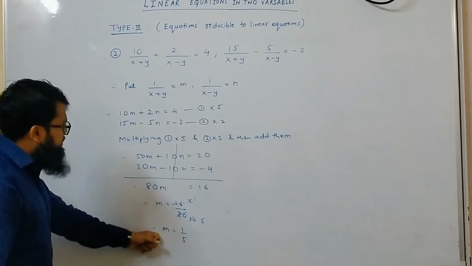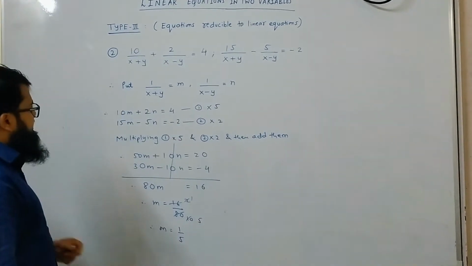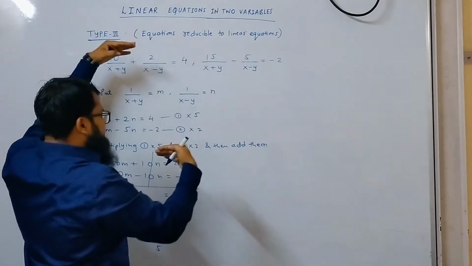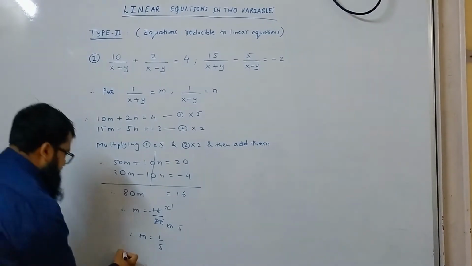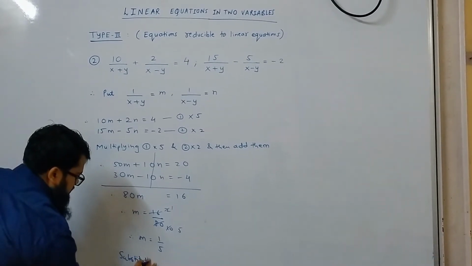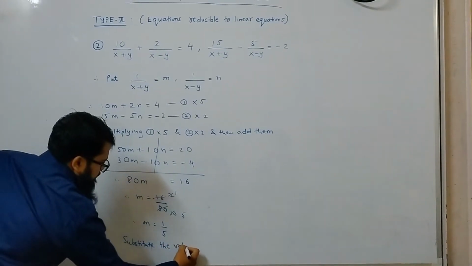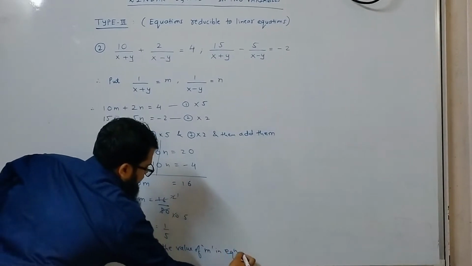Now let's substitute m in any of those two equations to get n, and then substituting m and n in these equations to get x plus y and x minus y, and then we will solve them again linearly and we will get the answer. Let us see. Substitute the value of m in equation 1.